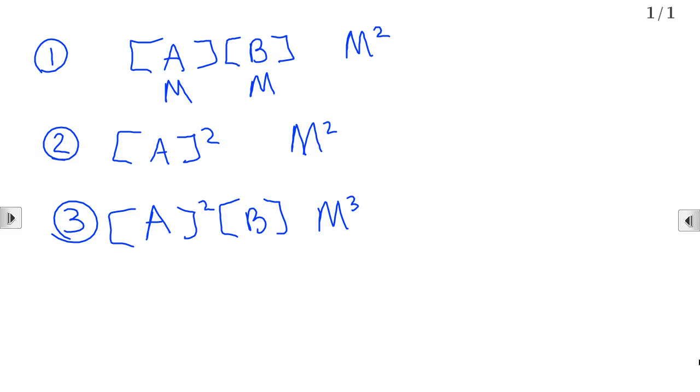Concentration per second. A rate for a reaction has to be concentration per second. Now, is my rate for this reaction just those two things multiplied together? What am I missing? I'm missing that K thing. That K is multiplied by these, and that gives me the rate. And that rate has to be concentration divided by seconds.